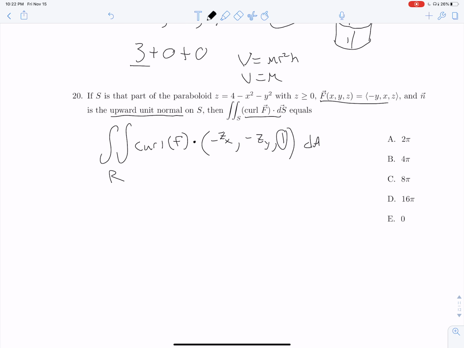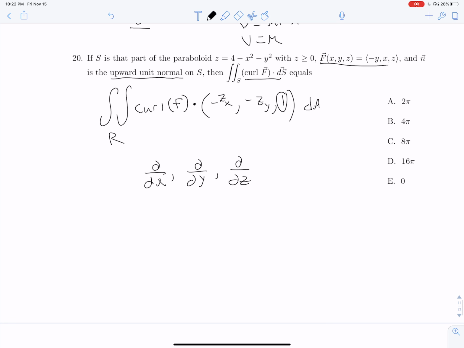So curl F is going to be del cross F. So d/dx, d/dy, d/dz, where F is negative y, x, z. So crossing this up, we're going to get 0, 0, and 2.